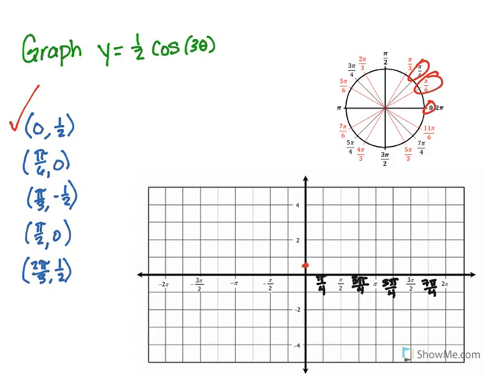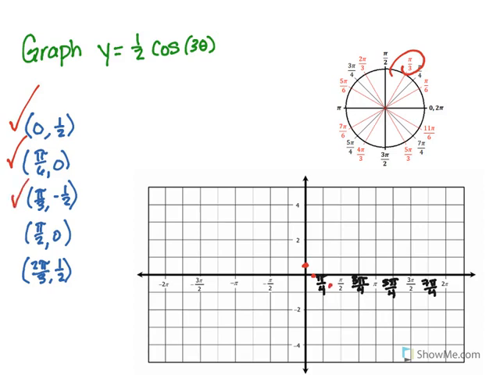So we need to go between pi over 4 and 0, and we're going to graph that at 0. So that one is done. Now we need pi over 3, and let's look at our unit circle again. Pi over 3 is between pi over 4 and pi over 2. So right between pi over 2 and pi over 4 on our graph, we're going to graph negative 1/2.